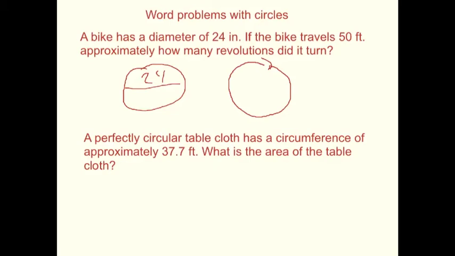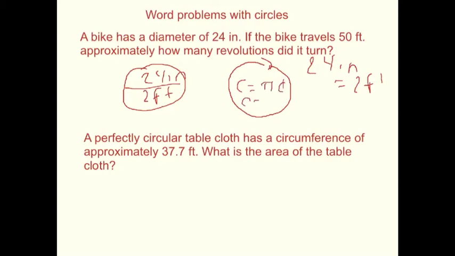I also have to realize that my diameter is in inches and my ultimate distance is in feet. So I'm going to do a pretty easy conversion and say that 24 inches equals 2 feet. So the diameter of my circle is 24 inches, otherwise known as 2 feet. So I can say that my circumference equals pi d.